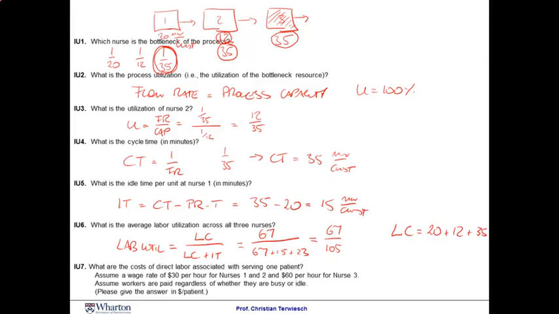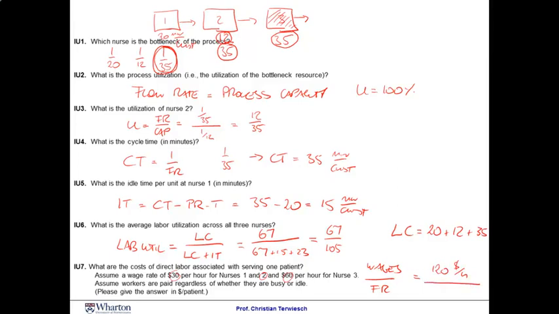And then finally, to find the cost of direct labor, we look at the wages divided by the flow rate. The wages here are $30 for nurse 1 per hour, and 60 for nurse 2. So we're paying $120 per hour. And we have to divide this by the flow rate.